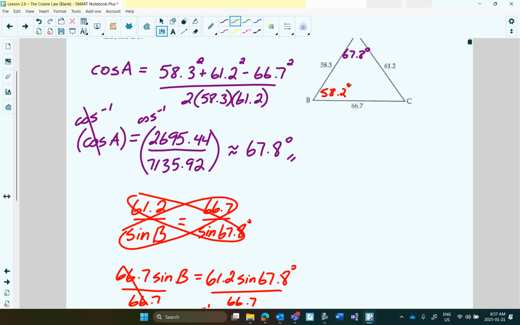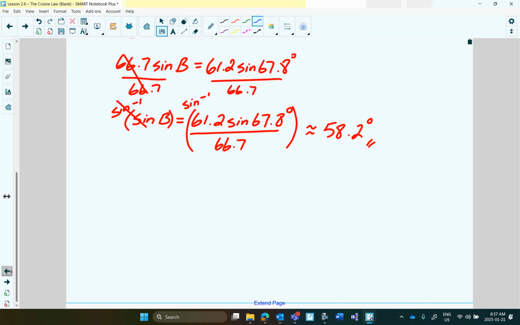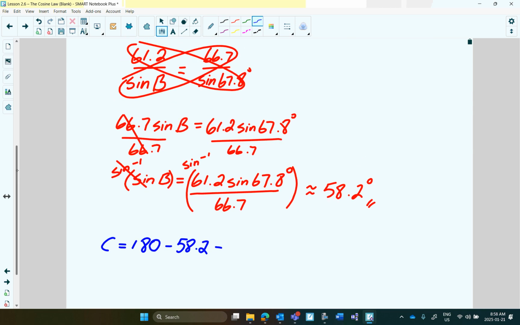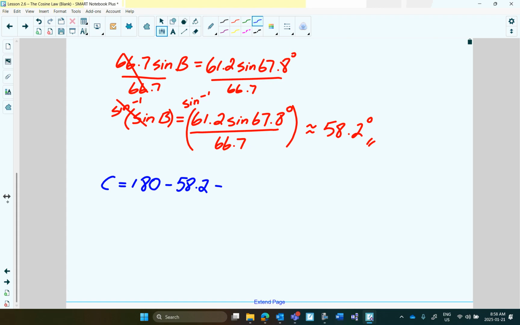That would be the quickest way to find C. So to get C, I would just do 180 minus 58.2 minus 67.8. And for C, looks like I'm going to get 54 degrees. And there's all three angles.